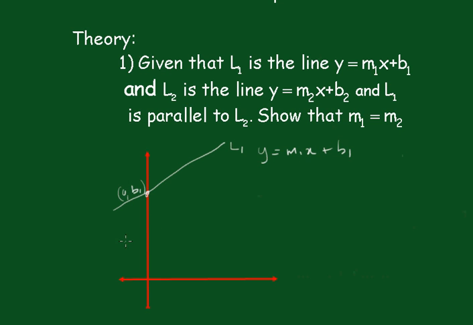And another line which is parallel to this one, L2, so y equals m2x plus b2, and this is the y-intercept, 0, b2, and this line is parallel to this line. So if these lines are parallel, then the gradients must be the same. The coefficients in front of the x's are the gradients, therefore m1 must equal m2.